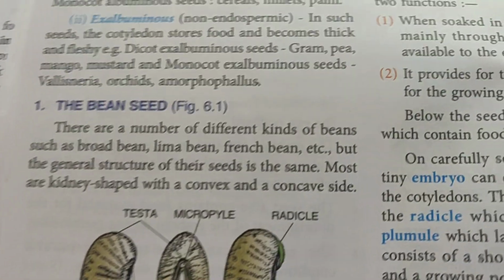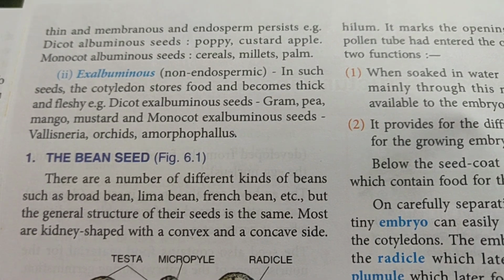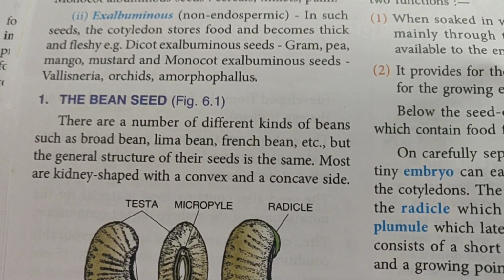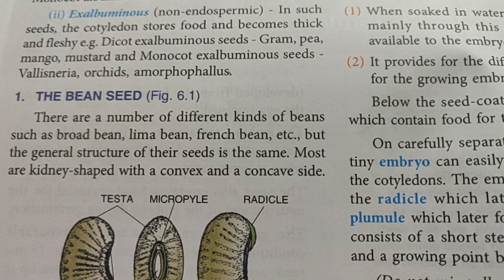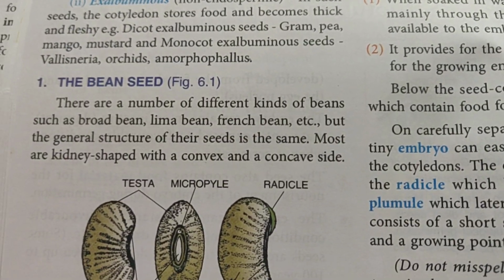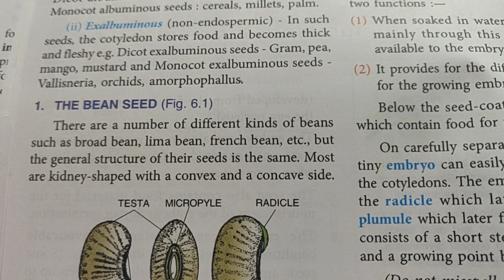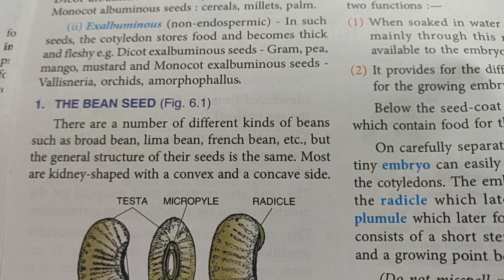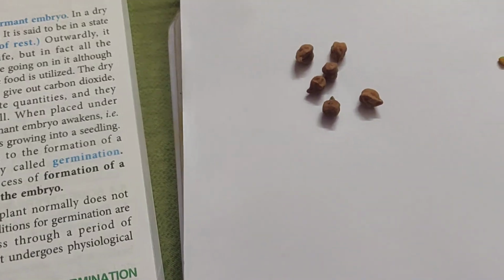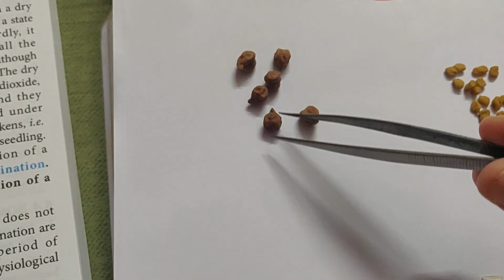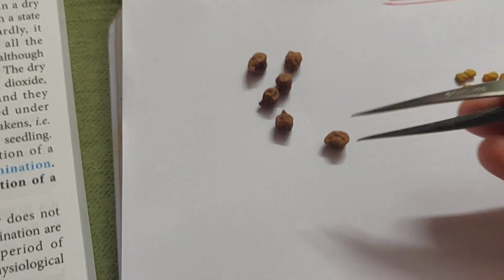And the other type is exalbuminous seeds. Exalbuminous seeds are the ones where endosperm does not persist, but the cotyledon stores the food for the embryo. Okay, so you can see these are those exalbuminous seeds.